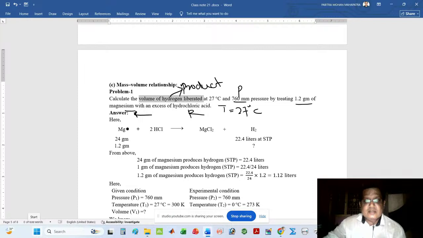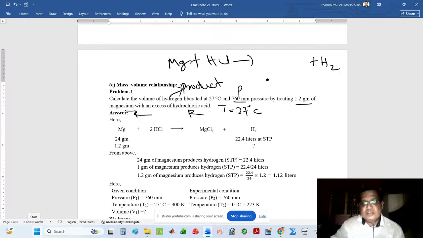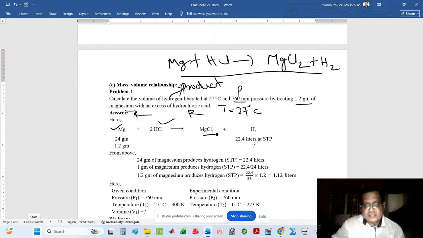So here I can write what? Magnesium plus HCl, and the product is what? Hydrogen. Another product is also formed, that is MgCl2, magnesium chloride. If you balance this equation, then you can write Mg plus 2HCl gives MgCl2 plus hydrogen. Look at the relation.